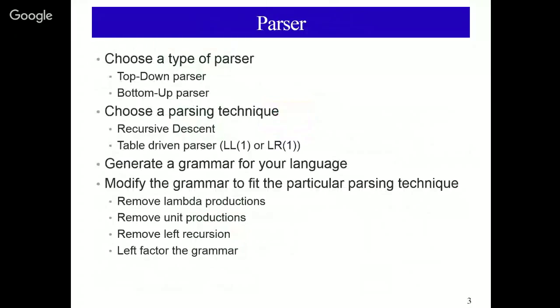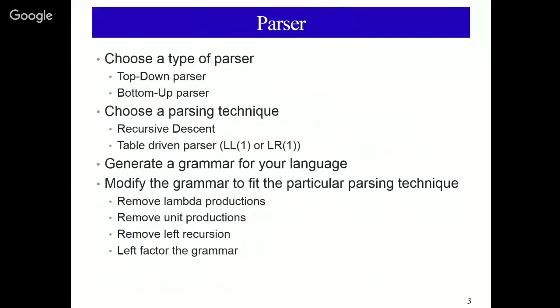And when you're choosing parsers, there are really 2 main categories. Is it going to be a top-down parser, or is it going to be a bottom-up parser? The top-down parsers tend to be for smaller languages that are really easy to write. We're going to look at a couple techniques, the recursive descent, and then a table-driven parser, the LL1.